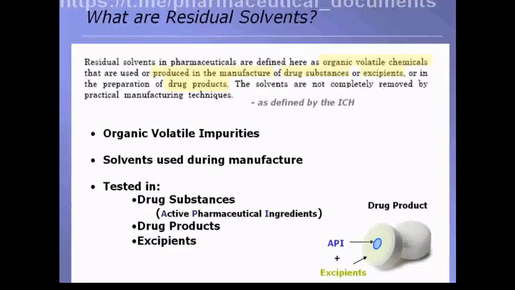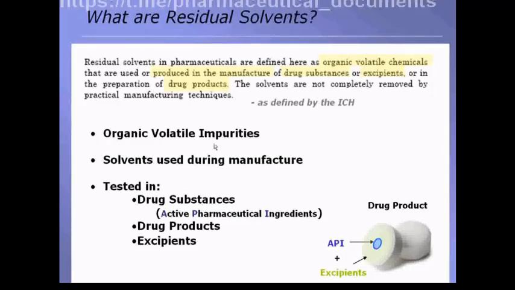If we look a little bit closer, just to give some of the historical background, a residual solvent, by definition, by the ICH, or International Conference on Harmonization, is an organic volatile chemical, or impurity, OVI, that is produced in the manufacture of drug substances, excipients, and products. So overall, this definition defines for us what a residual solvent is.